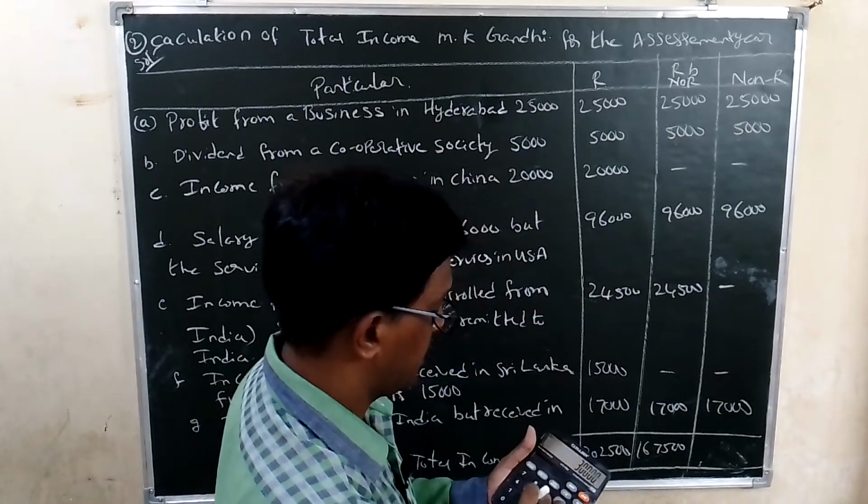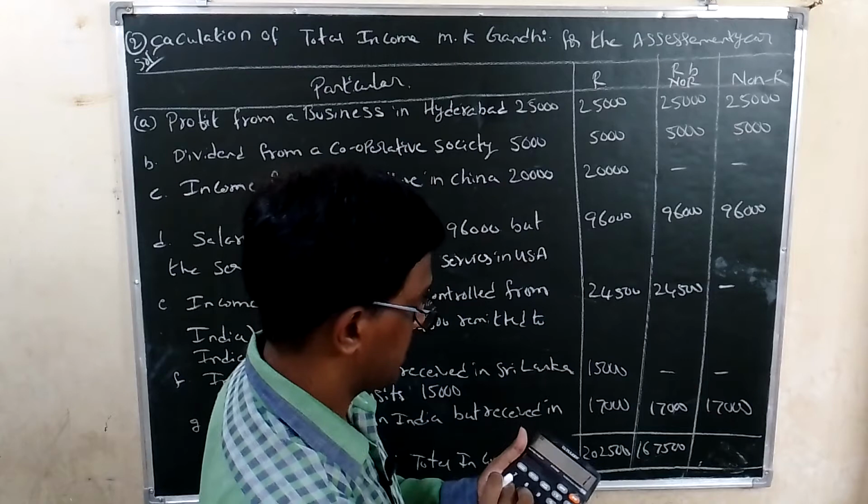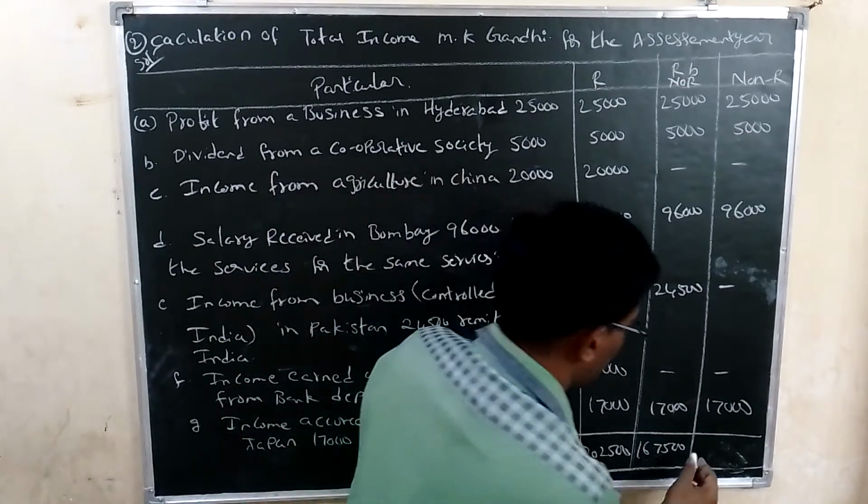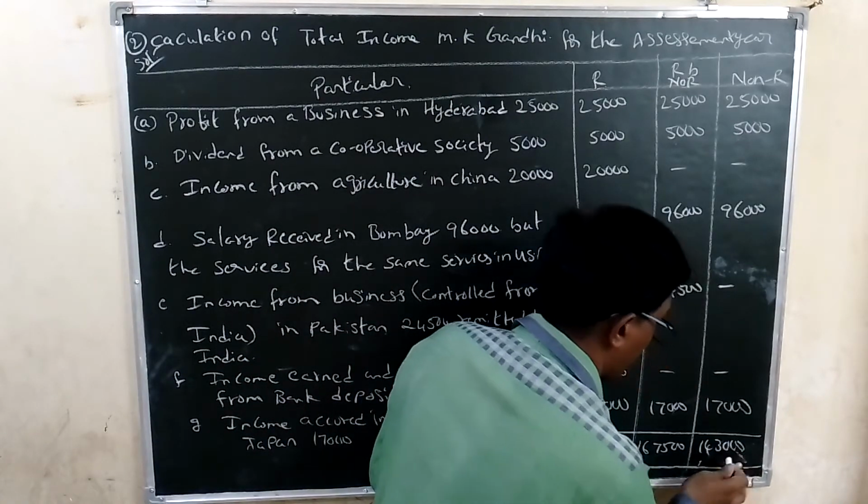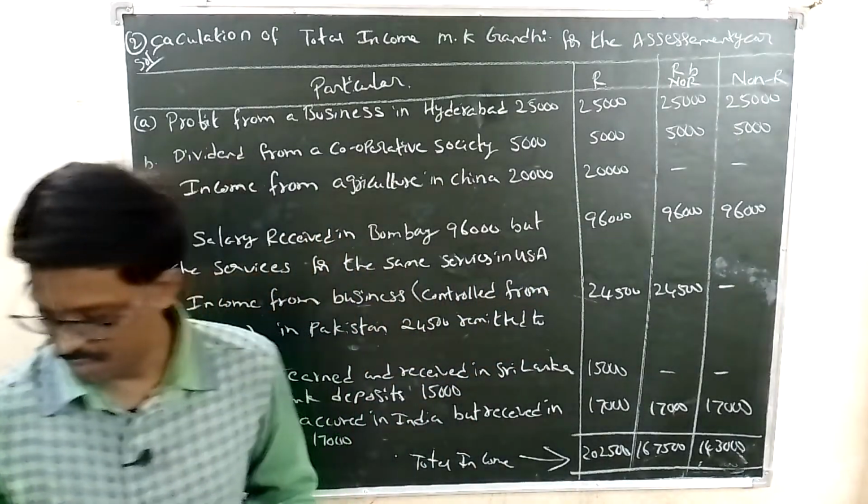Then 30,000, 96,000, 17,000, 1,43,000. Okay, those are the problems.